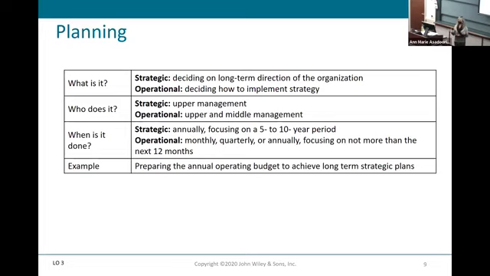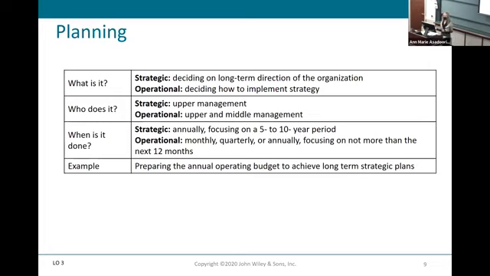But usually what you're going to see is this is a great time to have middle management come in, because the division manager of Keebler probably knows Keebler better than the CEO or the CFO of Kellogg's, right? So to have that input makes the division manager happier with their job, more likely to accept that budget, right? So there's all kinds of positive outcomes by having these lower level managers come in and help do these operational budgets. And they have a better idea of where they're going, right?